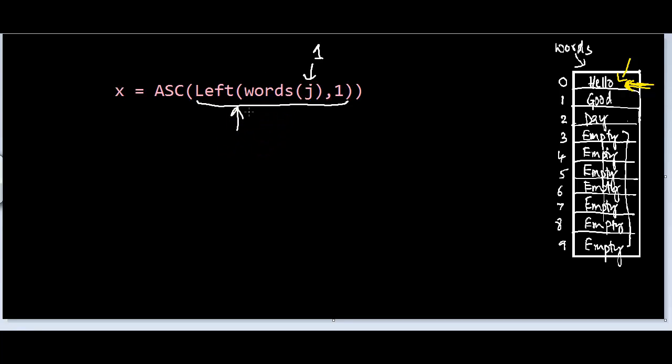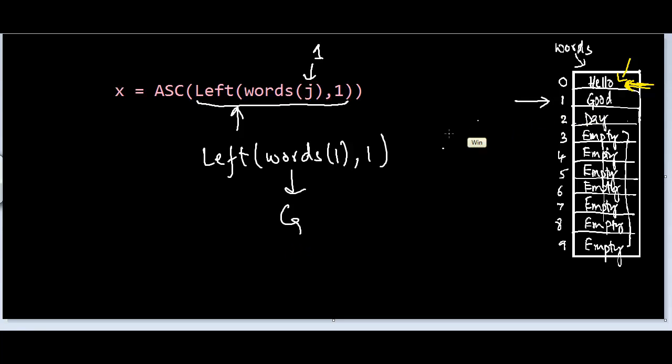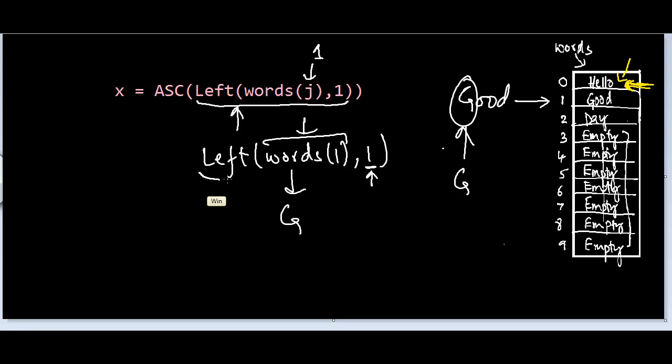When j equals 1, this becomes Left of words of 1 comma 1, which returns capital G. It takes the string value in words of 1, which is Good, and returns just the first character because the length has been specified as 1. So that's what this function is returning, capital G.